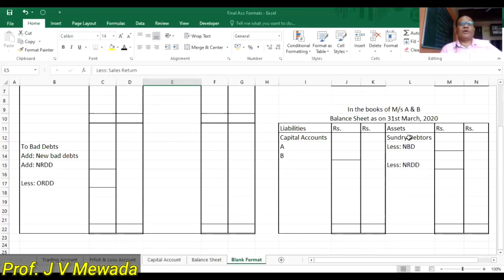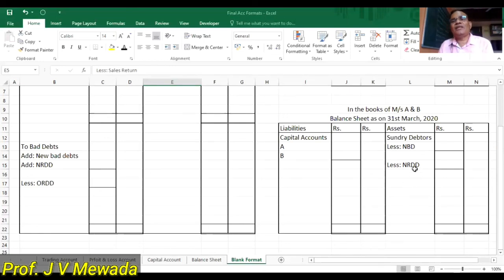But here you have to remember that if there are adjustments like unrecorded sales, then that unrecorded sales will appear before the NBD and NRDD. So you have to see the problem and find out any adjustment which is going to affect the debtors; those adjustments we have to do first.